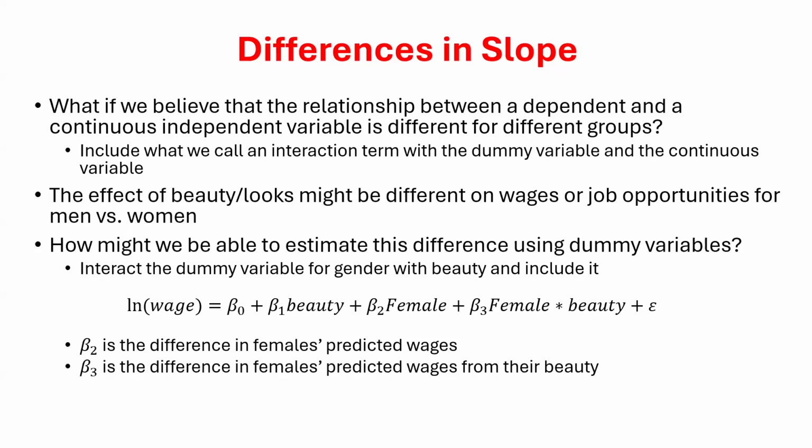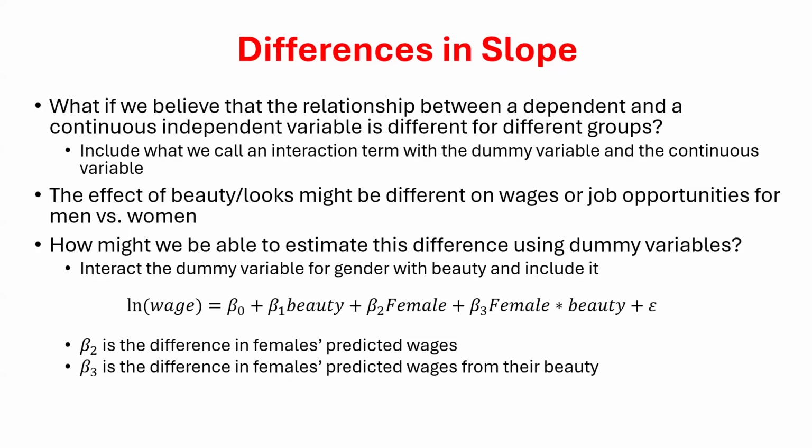Well, if they're male, this would be a 0, and this would be a 0. If we're looking at that beauty of 0, the predicted wage for a male starts out here. Now, by including that dummy variable, we've said what the predicted starting wage would be for a female. I believe we find this is negative.